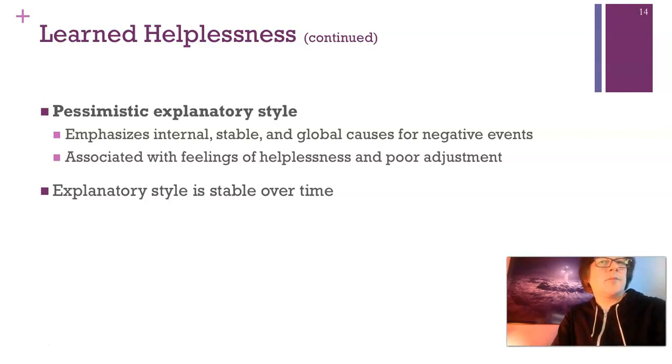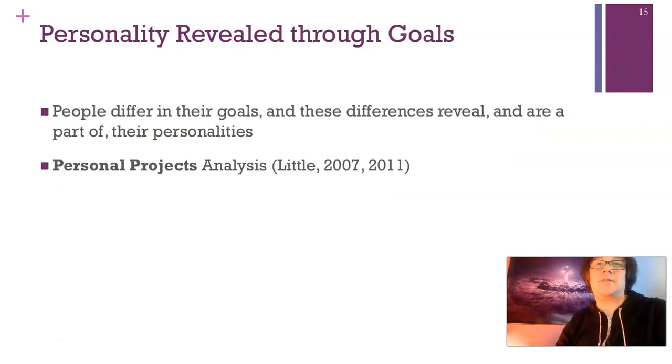If you're a pessimistic person when you're younger, you're likely to remain that way when you get older, and vice versa in terms of being an optimistic person.